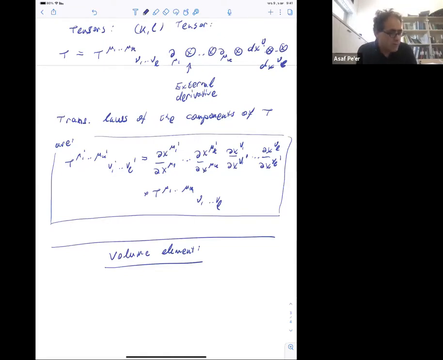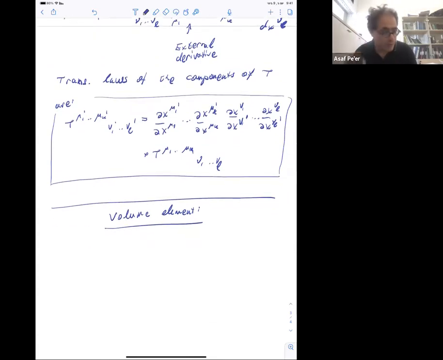For that, we looked at the determinant of the metric tensor. g we define to be minus the determinant of g mu nu, or the absolute value of the determinant of g mu nu. The minus here is, of course, because in flat space g mu nu becomes eta mu nu, which is minus 1, plus 1, plus 1, plus 1. So the determinant of eta mu nu in flat space is minus 1. That's why we add an extra minus here.